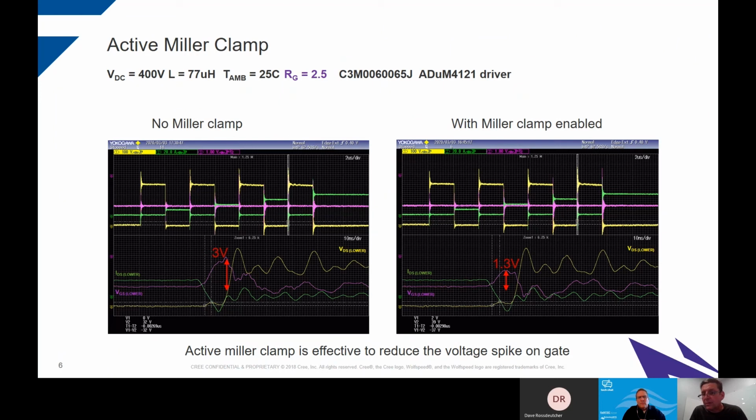Now, if you've got a threshold of 2 volts and you've got a 3 volt spike, you may encounter some problems. What the Miller clamp does is basically clamp out the Miller capacitance and basically the stray inductance, and it clamps down that effect. So shoot through still happens, through a spike to 1 to 1.5 volts, which is well below your threshold. So you're not going to have to worry about that low side device turning on.